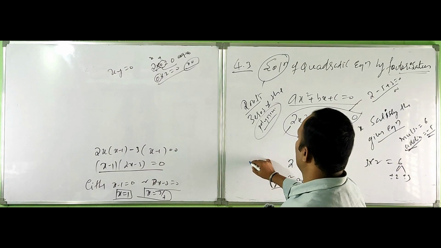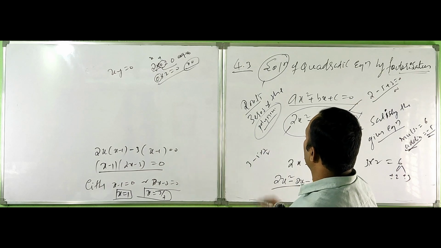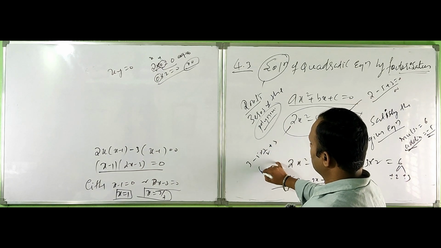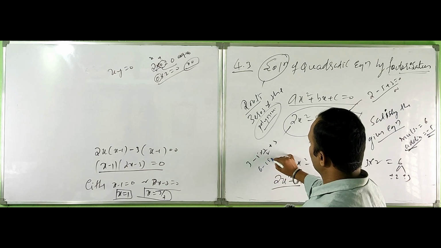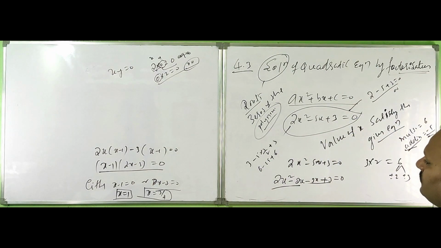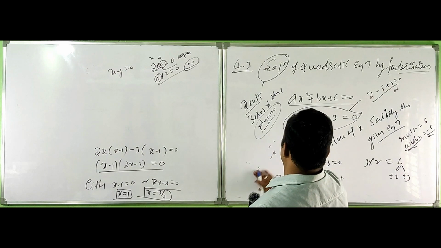Just put the 3 by 2 also we can get, okay? 3 by 2 means what? Minus 5 into 3 by 2 plus 3, right? x square is there, no?